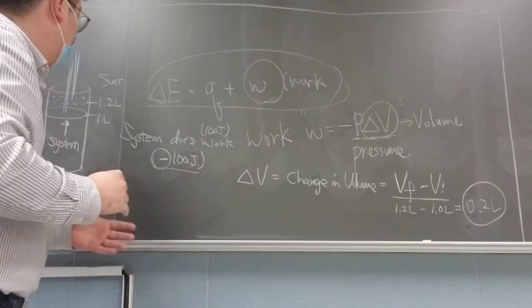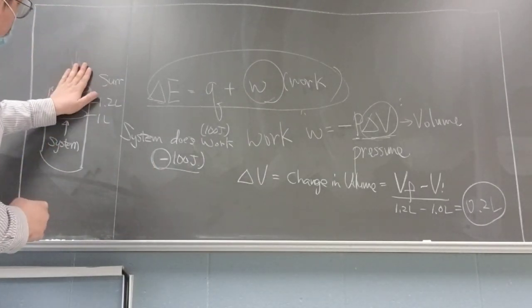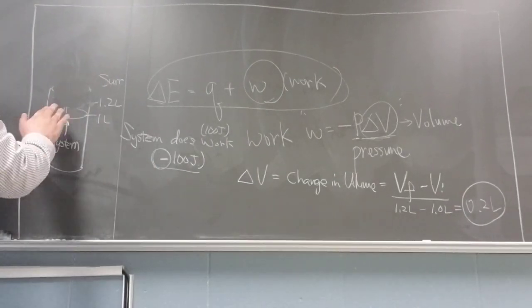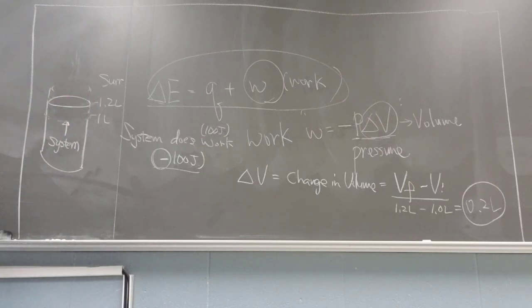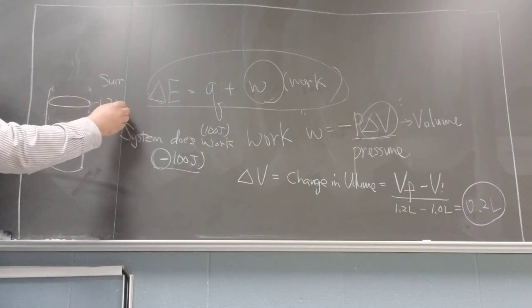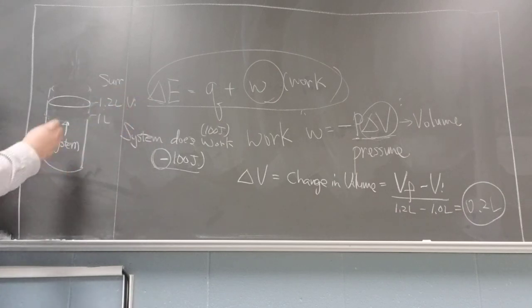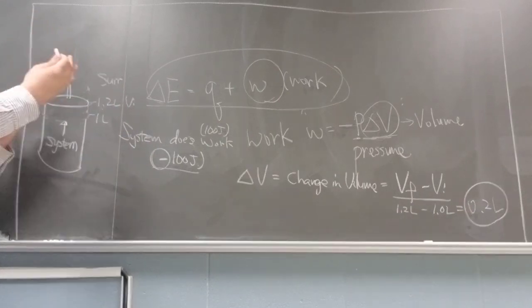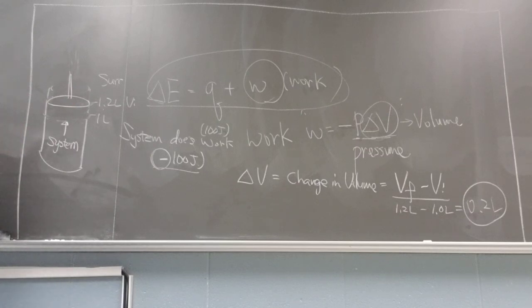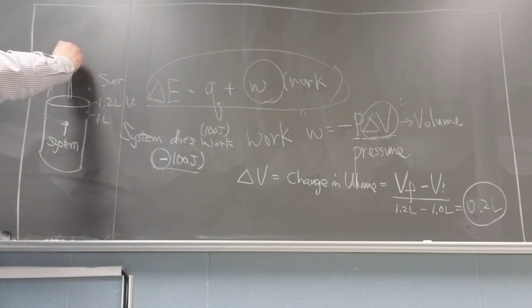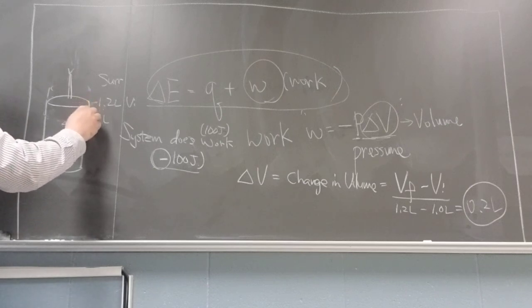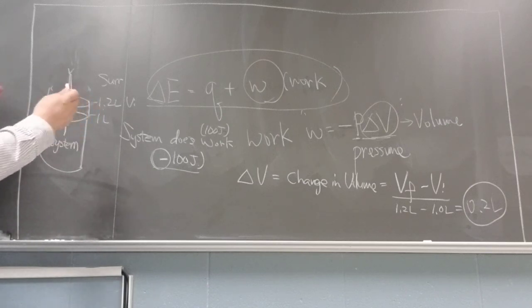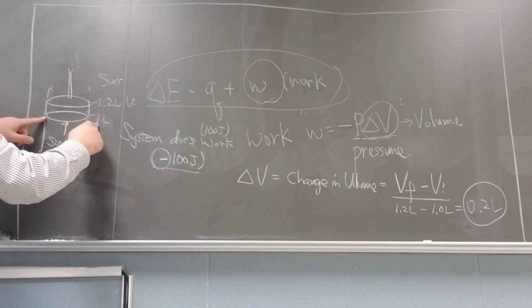Okay, I'll do this the other way, it makes more sense. Let's say we have 1.2 liters initially. So now this is the initial volume here. And then I press this one. We try to press the system in the cylinder, so it actually contracts. It's compressed down to 1 liter.